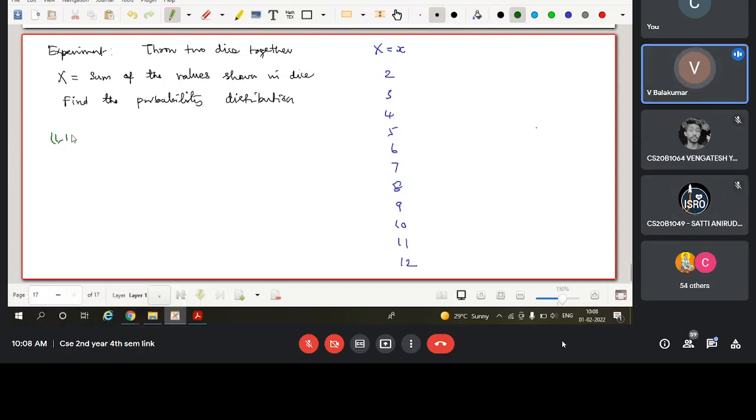Maybe if you are not familiar, I will be writing like this. 1 and 1 I can have. 1 and 2 I can have. 1 and 3 I can have. 1 and 4, 1 and 5, 1 and 6. These are the sample space elements I am writing. In this way, 36 possible outcomes I can obtain.